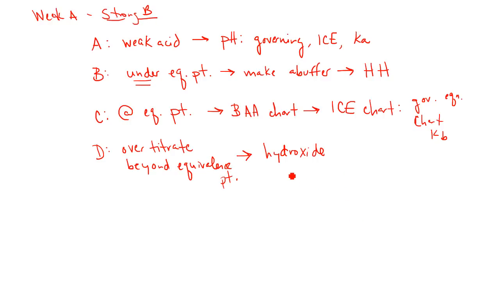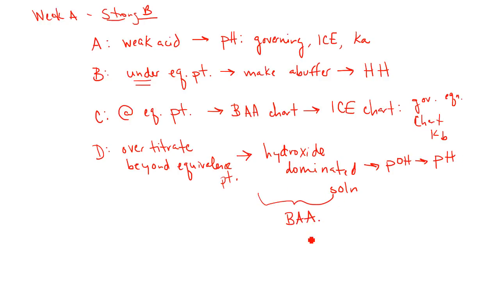When we have a hydroxide dominated solution, we can just find pOH. And that leads us to pH. We figure out that we're in a hydroxide dominated solution by doing a before addition after chart.